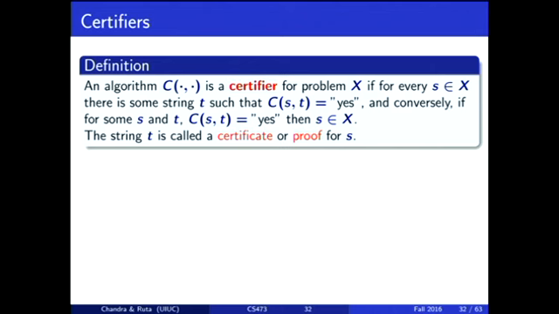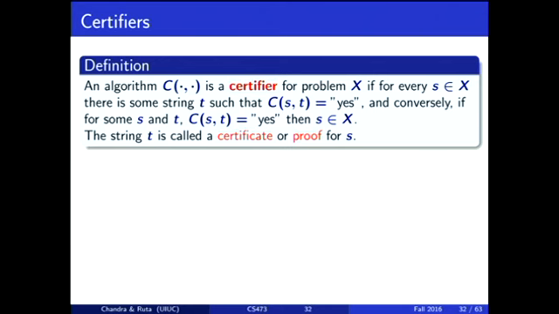Now clearly, if a problem is in P, it doesn't need this extra information. It can just solve it itself, efficiently, and say yes or no. But the next best thing is what? This is at least a simpler property: I have an efficient algorithm that is not going to solve the problem, but at least if you give me a solution, you can check it.